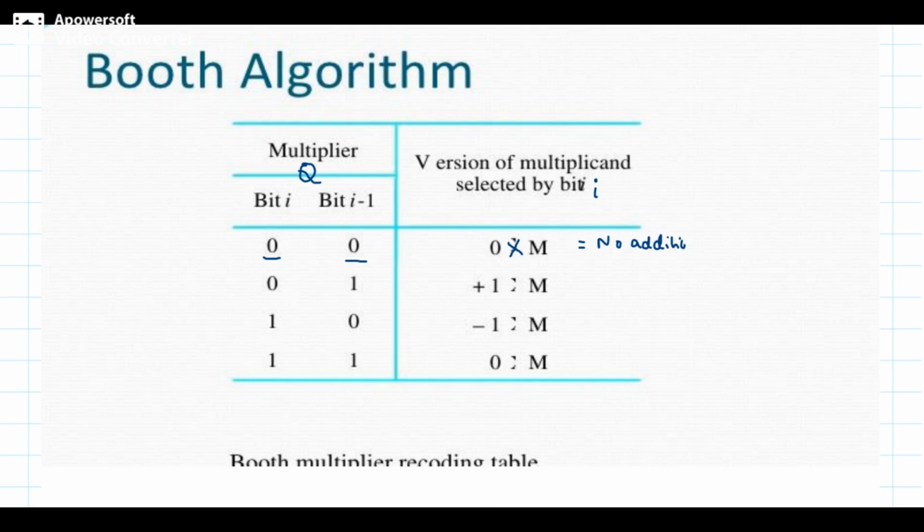We only perform the shift operation of the partial product.